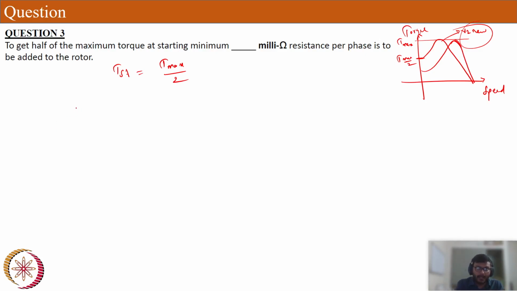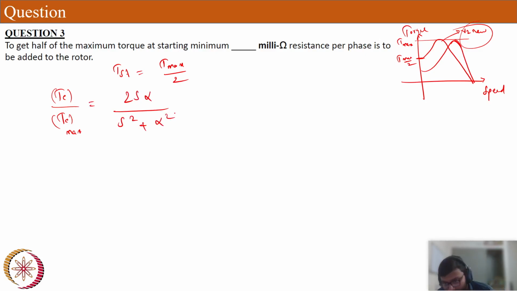Now, let's go back to last week's relation, which we know. Electromagnetic torque divided by maximum torque relation. If you remember, it's 2s alpha by s square plus alpha square. Even today also we have written this.